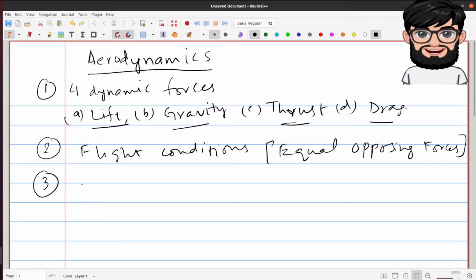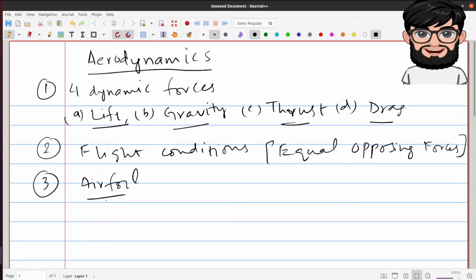Then what is an airfoil? So basically you can call it a device, right? We're trying to come up with a definition here. So we can call it a device which actually gets a useful reaction from air moving over its surface, right?